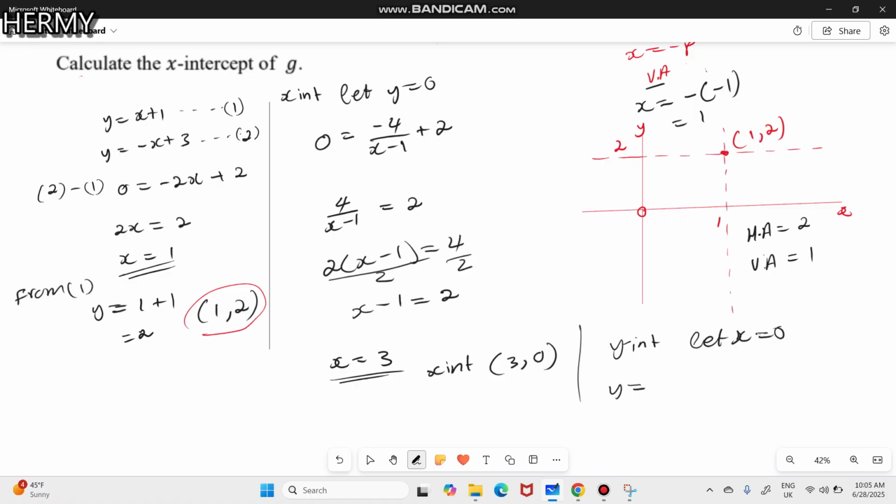So letting x equal 0 is negative 4 over 0 minus 1 plus 2. It will give you 4 plus 2, which equals 6. Then your y-intercept is 0 and 6.